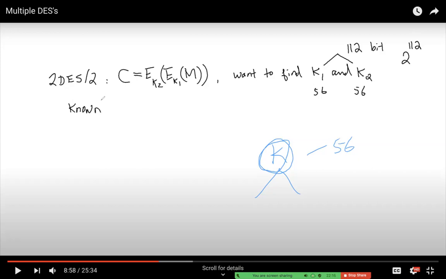But this is subject to brute force attack because you can just try all possible keys, all possible combinations, 2 to the 56 many.